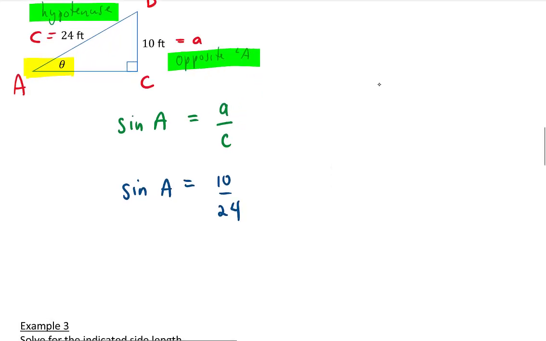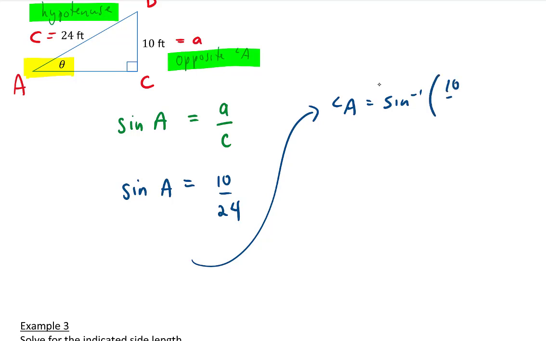And since we're looking for an angle, then angle A is equal to, remember, the sine minus 1, or the sine inverse of the ratio 10 over 24. And the last step is to use our calculator. So we get that angle A is approximately 24.6 degrees.